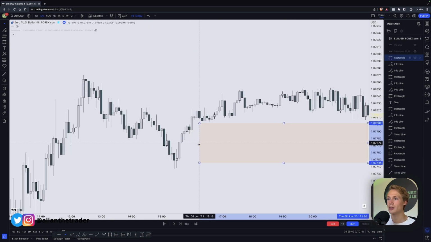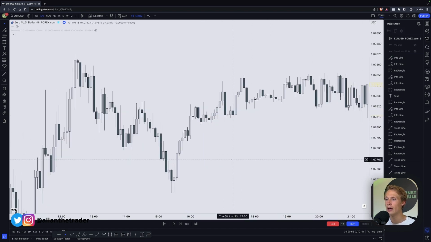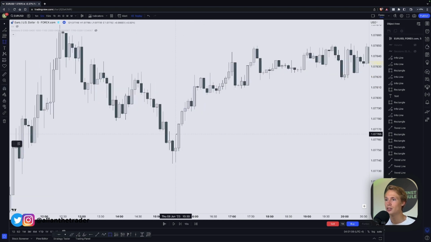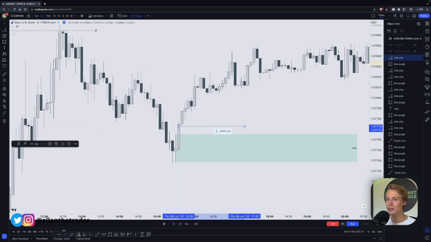So this is another example. You see that price moved upwards with this movement. Not really a very rapid movement, but still I count it as a rapid price movement because it created a gap. So as you can see, it created a gap in the price action here. So we're looking for a possible demand zone. And I immediately see this one, because this is the most defensive demand zone in this area, and you can see it created a fair value gap here.